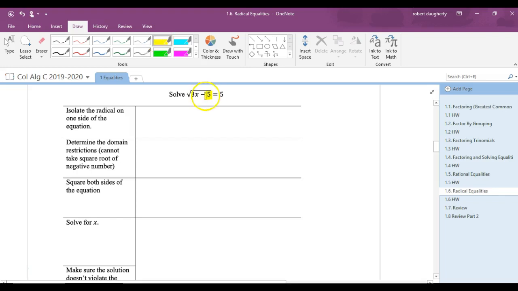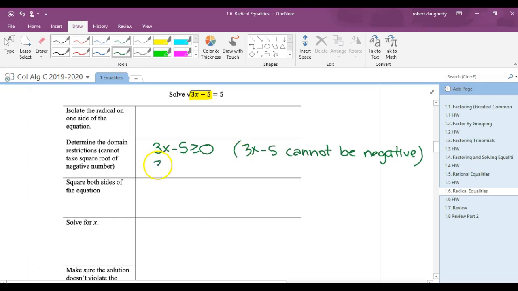To determine the restriction on a square root, look at that. That number cannot be what? Cannot be negative. The way I write 3x minus 5 cannot be negative is like this. The mathematical way of writing that is 3x minus 5 greater than or equal to 0.